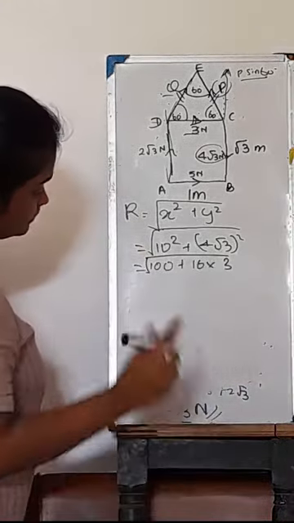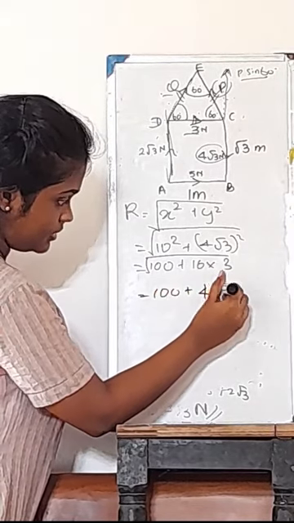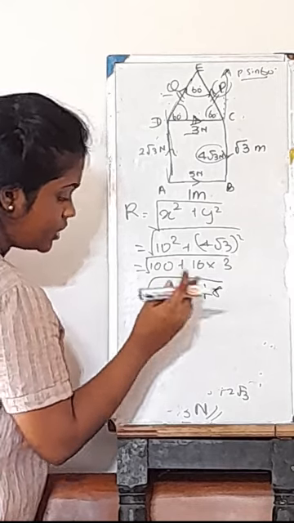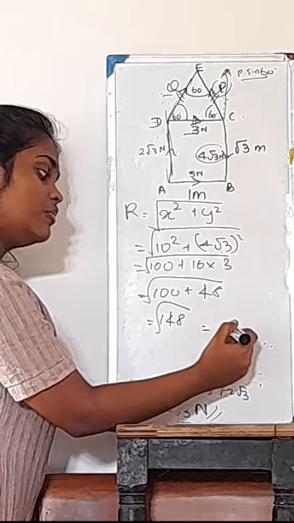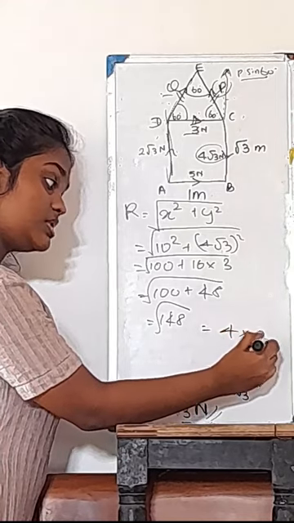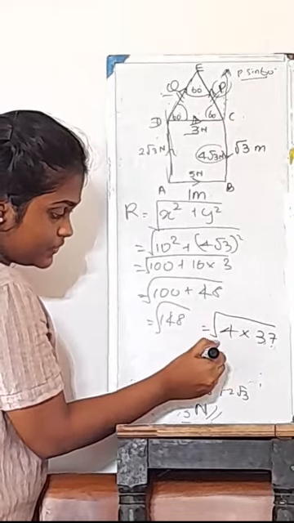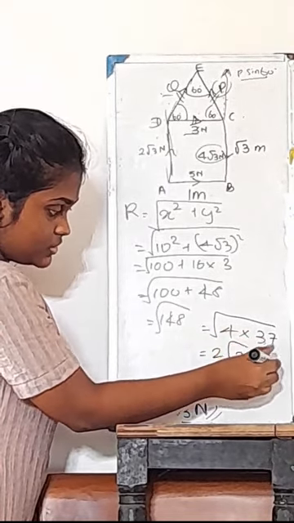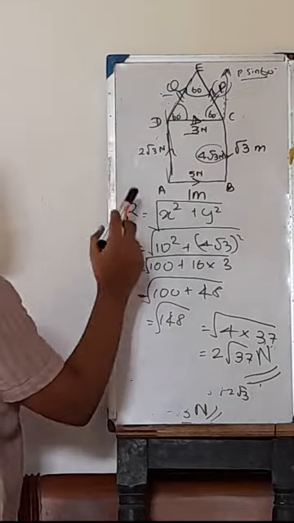Then you have 100 plus 48, and it's the root of 148. You can write 148 as 4 into 37. Then you can take the root of 4, so it's 2 root 37 newtons. So that part is also finished. So we have found the resultant force of the new system also.